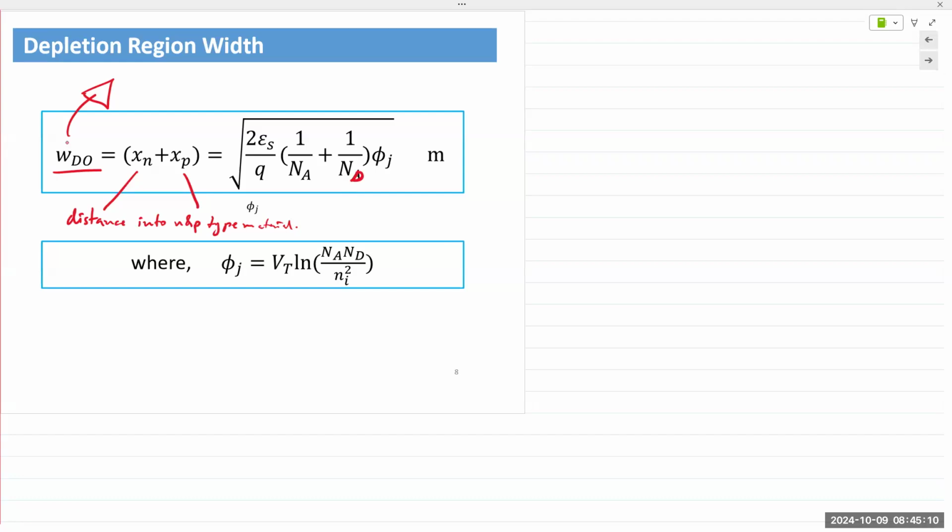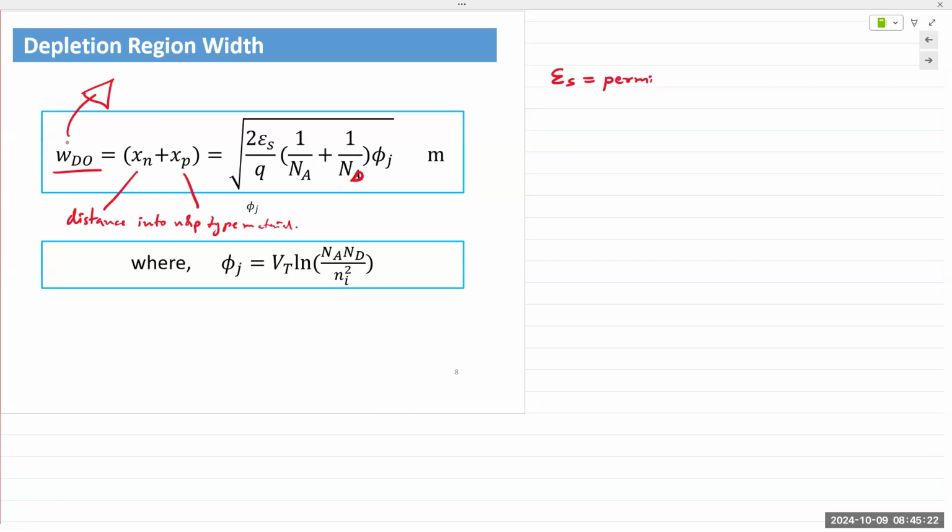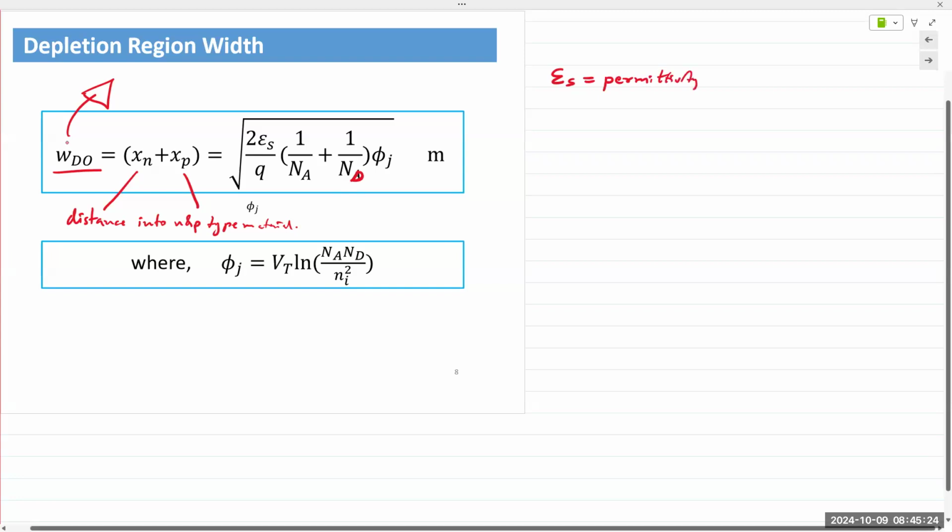Epsilon s is the permittivity of silicon. Remember from the capacitance equations? It's given by epsilon r, the relative permittivity of silicon with respect to free space, and then epsilon 0, which is the permittivity of free space.